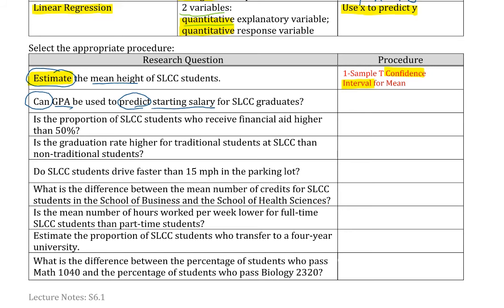And we're being asked if GPA can be used to predict starting salary. Because we're using one quantitative variable to predict another, this is when we would want to perform a linear regression.